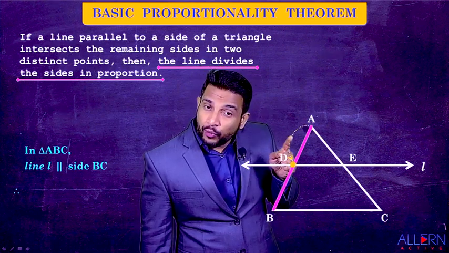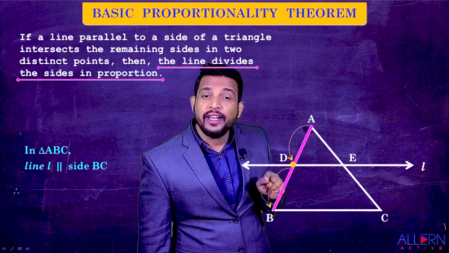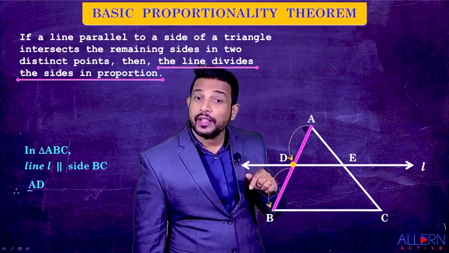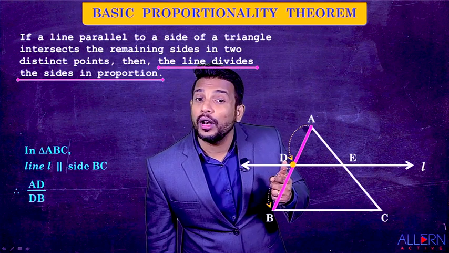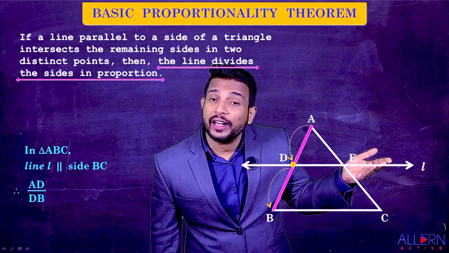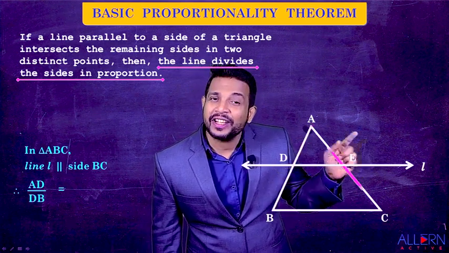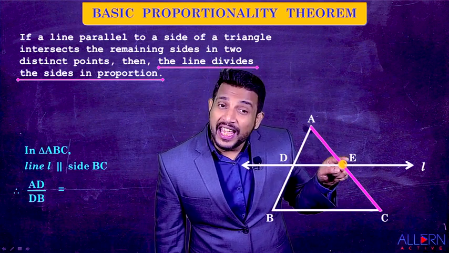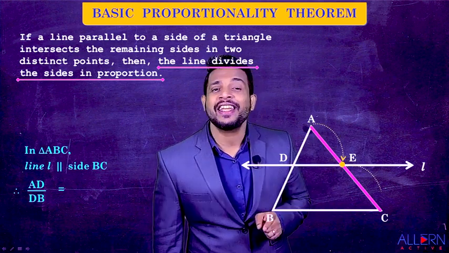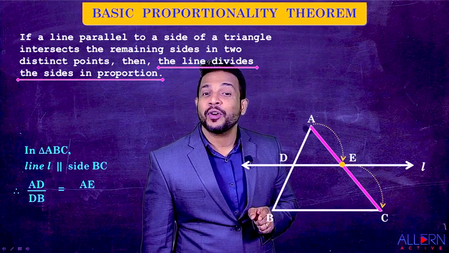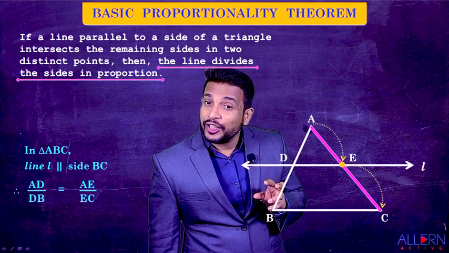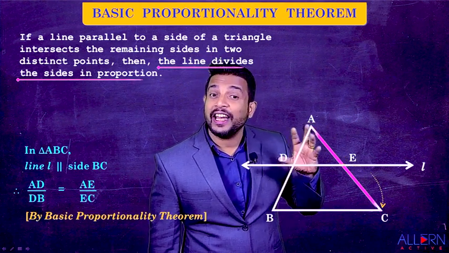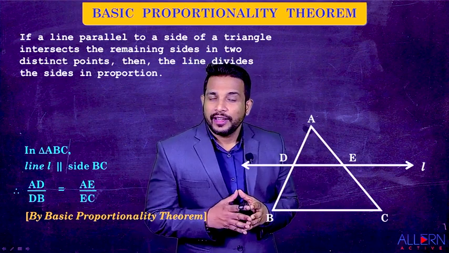So the ratio would be AD upon DB. This ratio is equal to the ratio formed on the other side, that is AE upon EC. And we write the reason in brackets as basic proportionality theorem.